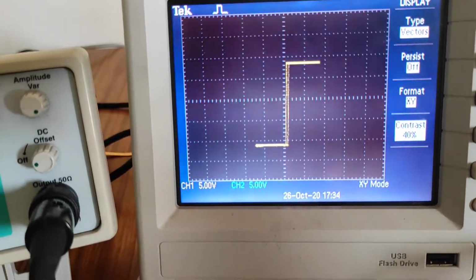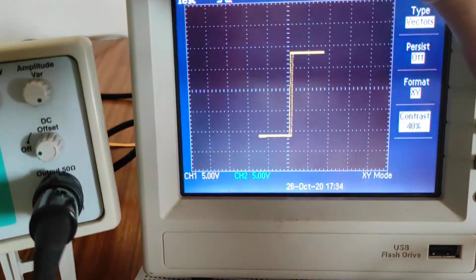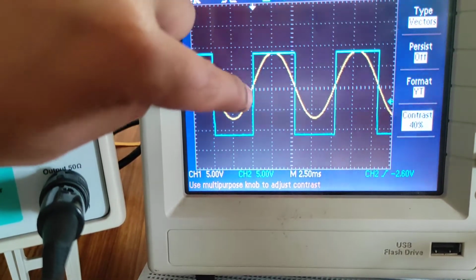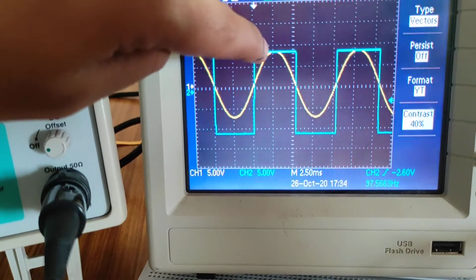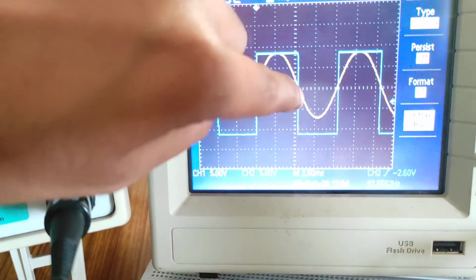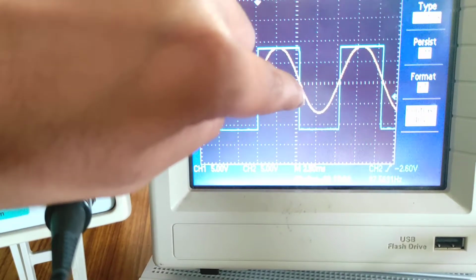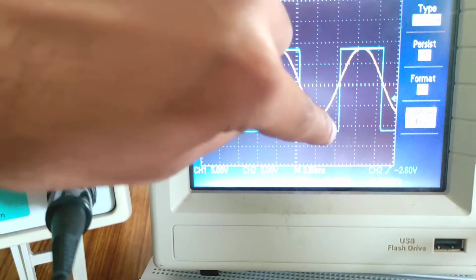Around 0 it will go to plus V set. If I check YT mode, see, around 0, if the value is greater than 150 microvolt, it goes to plus V set, and if it is lesser than minus 150 microvolt, then it goes to minus V set.